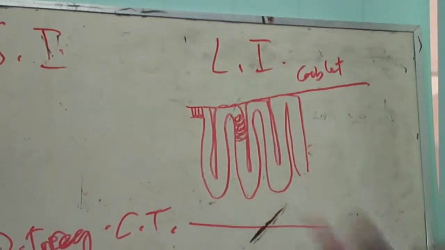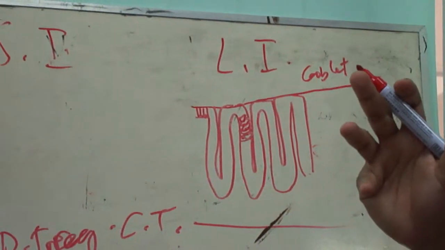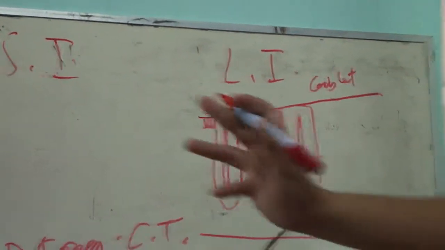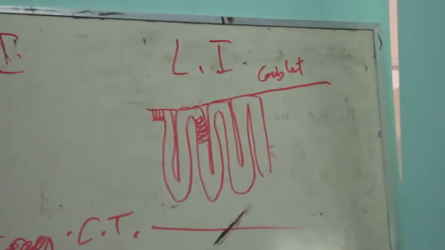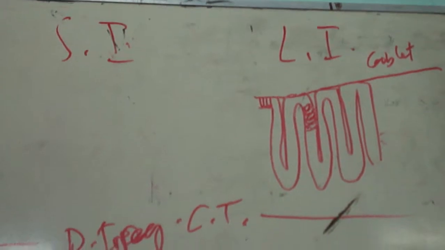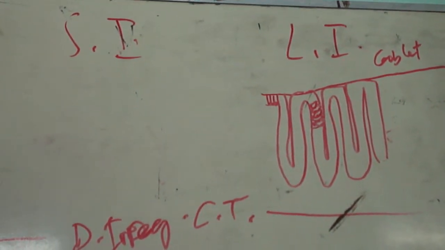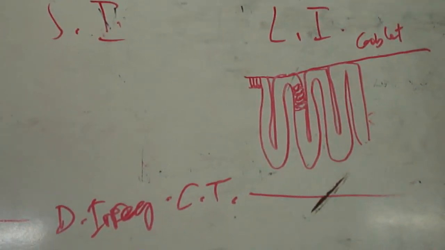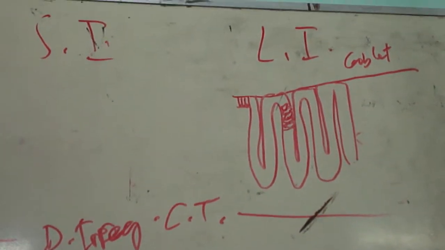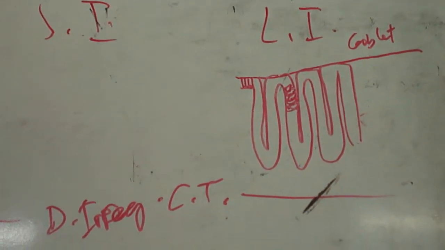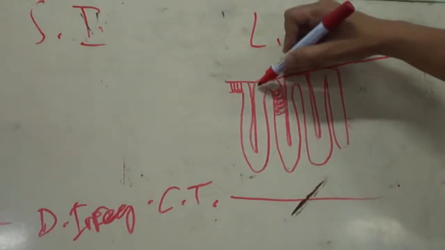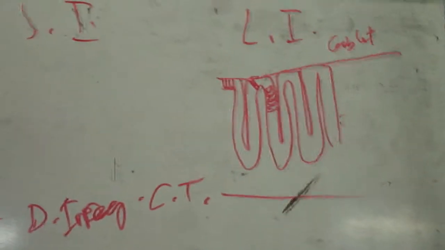So anyway, you will be discussing this on Thursday. The small intestine absorbs all nutrients plus the vitamins. And then, the large intestine absorbs only water and electrolytes. That is why there are more goblet cells and fewer absorptive cells.